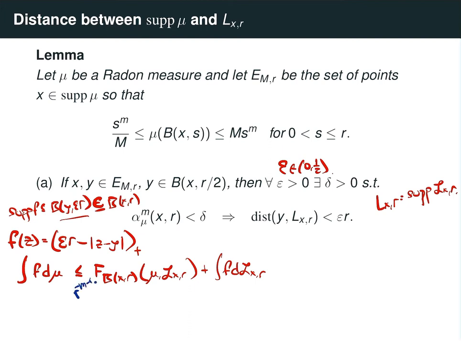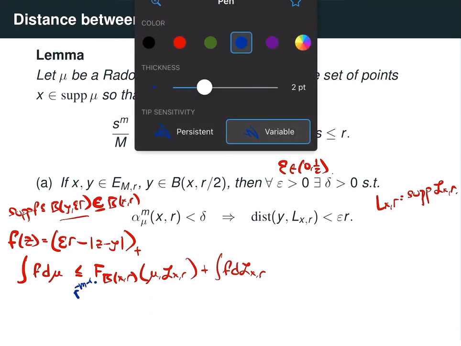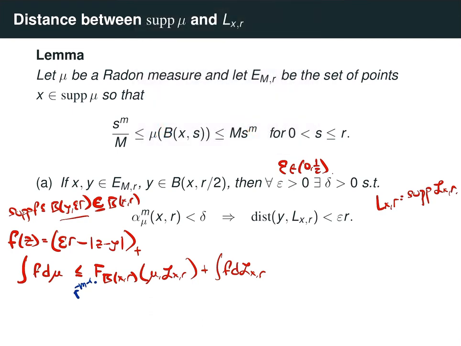If I multiplied r to the minus m minus 1 times this F distance, then this F distance would be exactly equal to the alpha number for the ball B(x, r). Now, of course, I don't have an r to the minus m minus 1 here, so that means I have to multiply this by r to the m plus 1, okay?